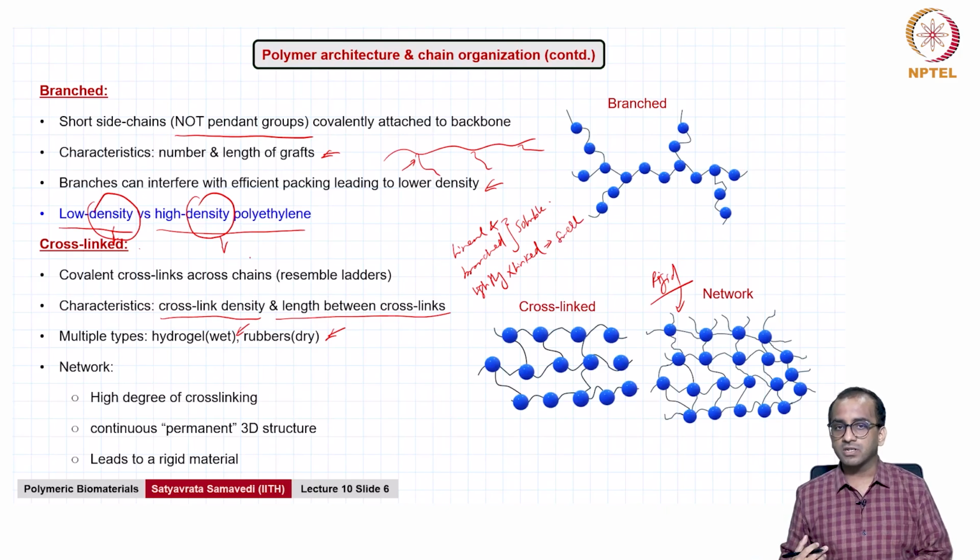For example, hydrogels will swell in water, and heavily cross-linked polymers will neither swell nor be soluble.